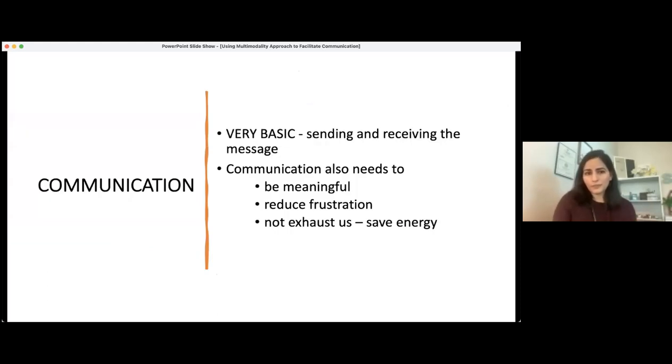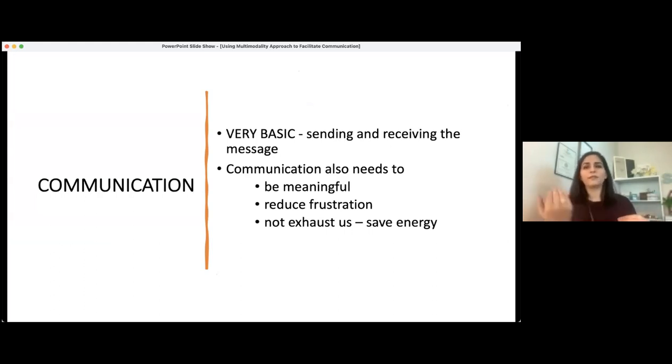And like I said, how does multimodality relate to communication? So I wanted to go over that too. It's very basic. Communication is, in a nutshell, just sending and receiving a message. Somebody tells you something, you receive it, and that is the first part of communication.